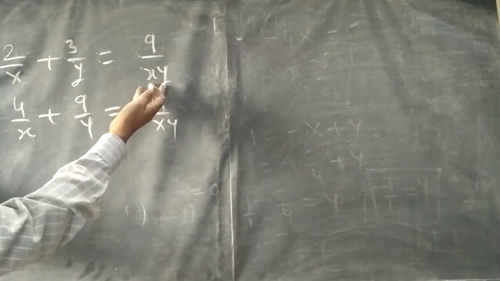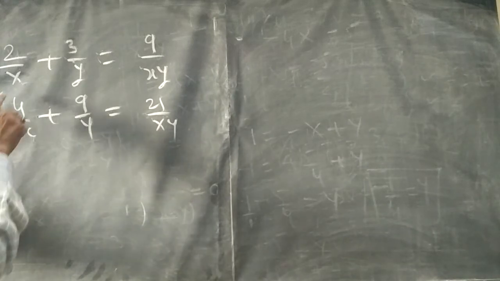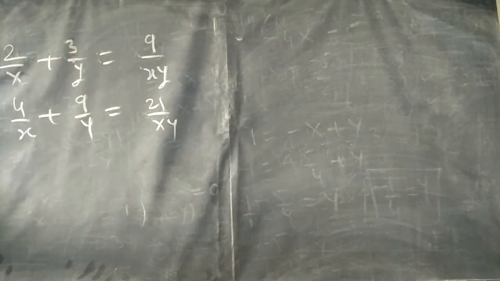I will bring this xy this side. I will bring this xy this side. Cross multiplication now. Okay, then see, either x will get cancelled or y will cancel. Again we are reducing to make standard form.